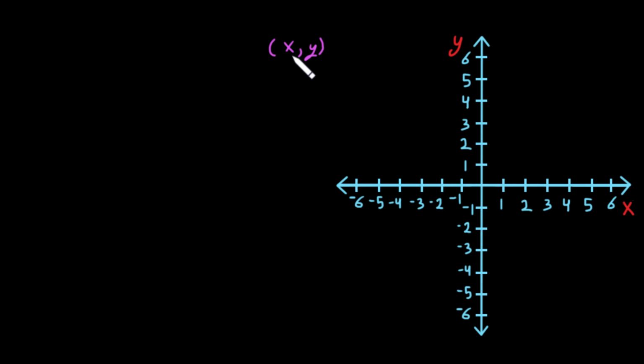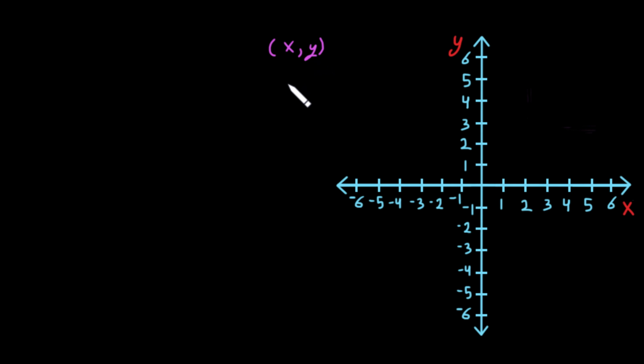The first number, x, tells you how far to go right or left from the origin 0, 0. The second number, y, tells you how far to go up or down from the origin. The comma between x and y simply separates the 2 numbers, one for x and one for y.